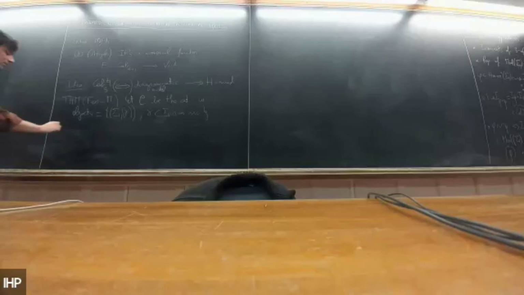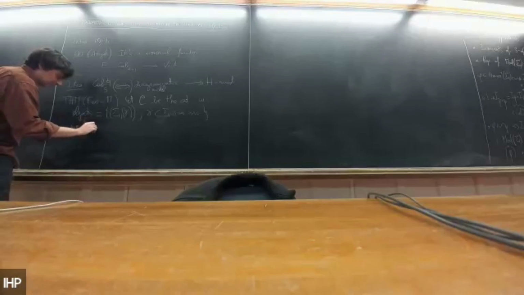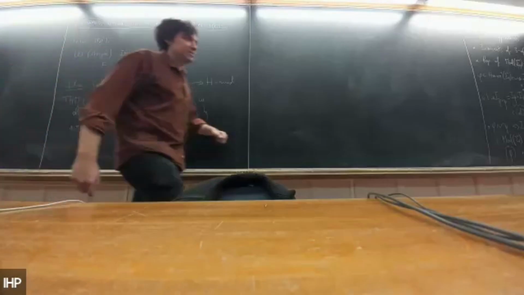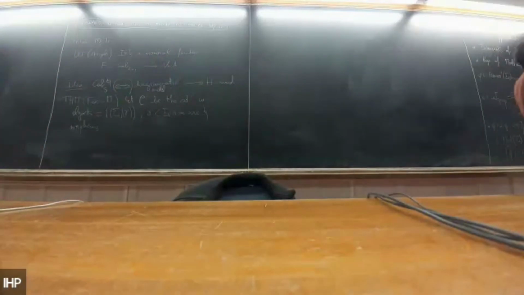And morphisms. All my surfaces have one boundary component. So an arc is a simple curve, meaning it doesn't self-intersect, and it goes from the boundary to the boundary.